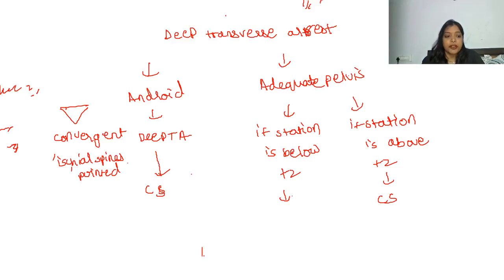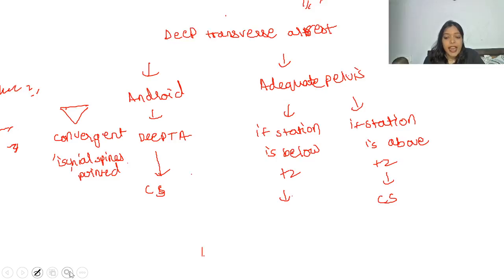Forceps or vacuum? Vacuum can rotate the fetal head. Forceps cannot rotate the fetal head. There's only one forceps which can rotate the fetal head, that is Kielland's forceps. But as such, vacuum can rotate the fetal head easily.